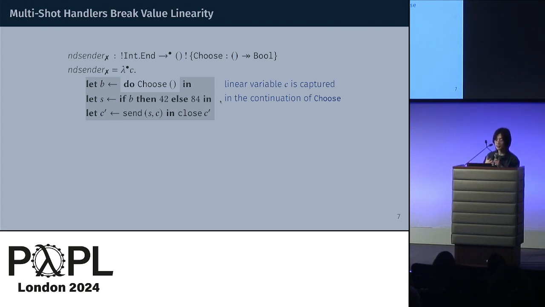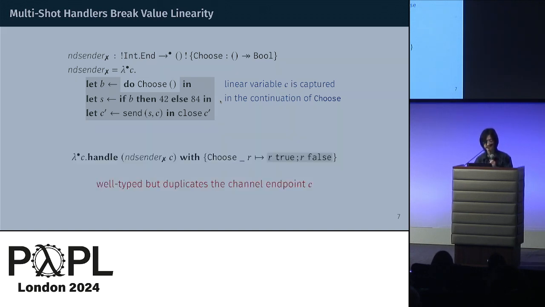This is exactly the same program as the non-deterministic sender. So the highlighted part is the continuation of truth, and it captures a linear variable C. And if we handle it using a multi-shot handler by invoking the continuation r twice, it is well typed, but we actually abuse the linear variable C.